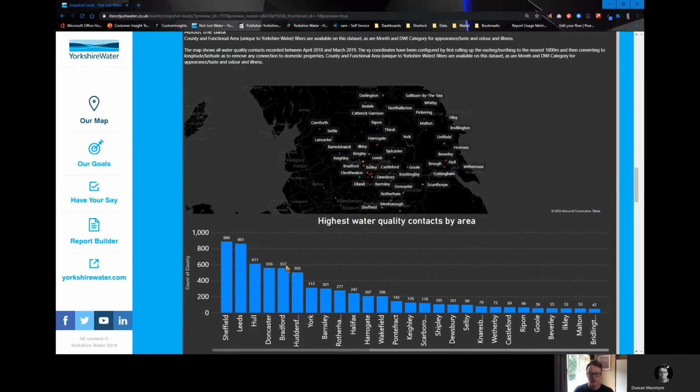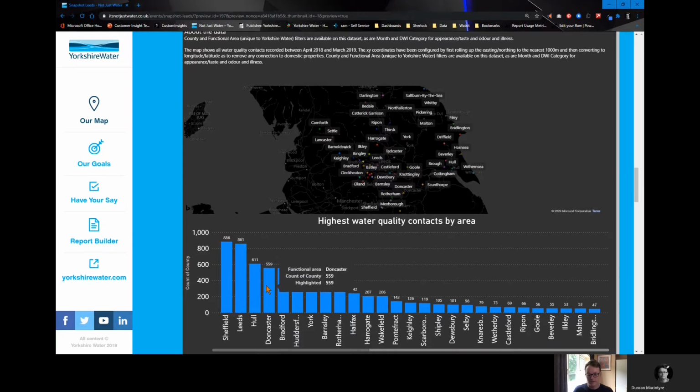So as you can see in this graph here, as a top down, the main cities stand out as the ones that receive the most amount of contacts. Sheffield and Leeds tend to share the top mantle for a number of contacts, and then it tends to stagger down.